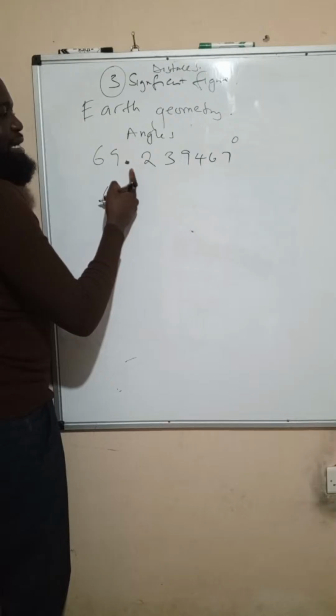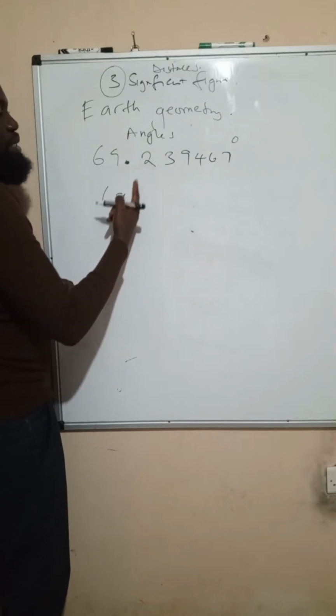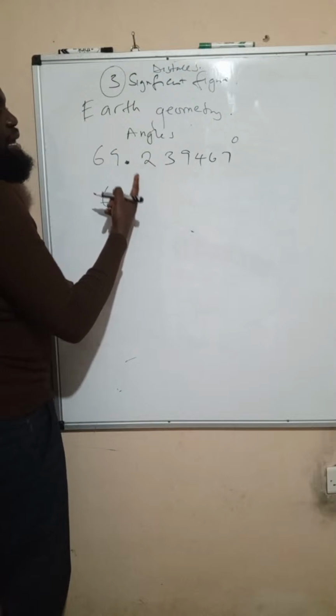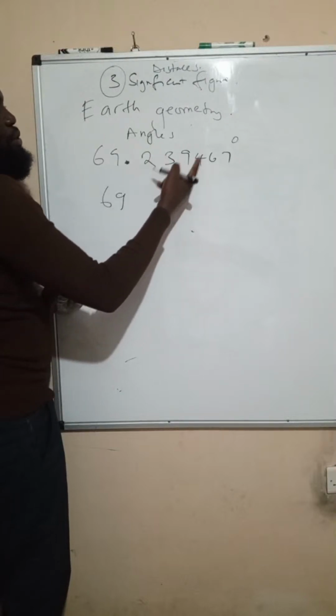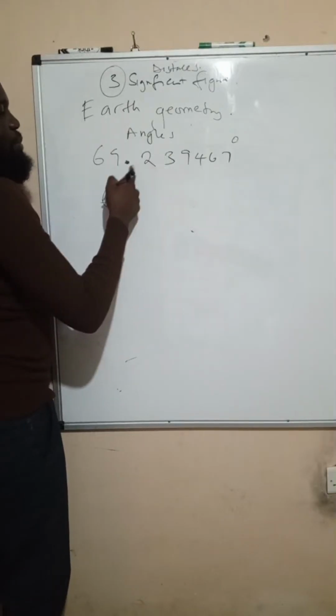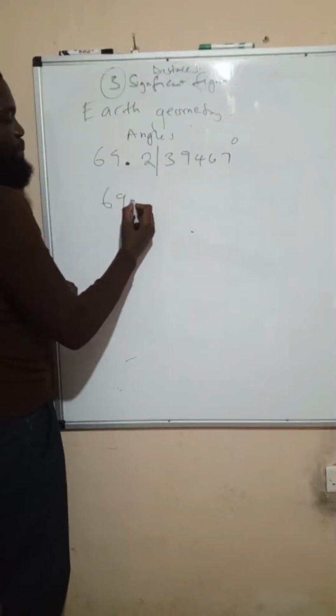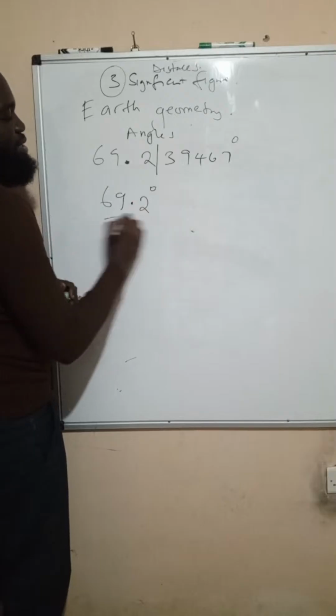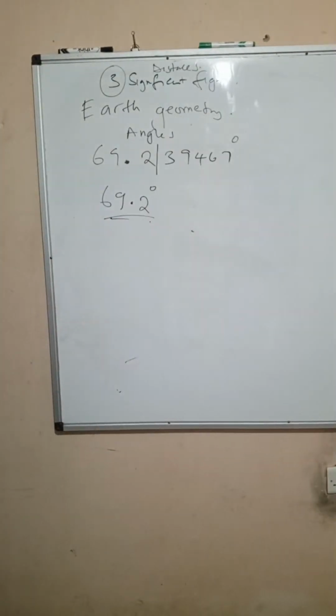A decimal place is a number after the decimal point. So here, how many decimal places are there? 1, 2, 3, 4, 5, 6. But you only want 1. So you round off to 1 decimal place. So it will be 69.2 degrees. This is what you write. That's what the degree of accuracy says: round off to 1 decimal place for degrees.